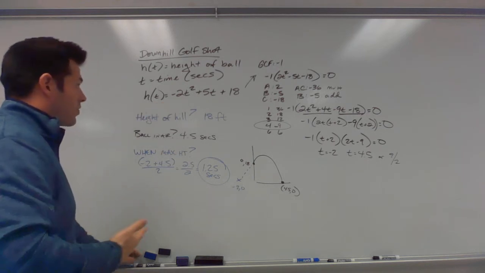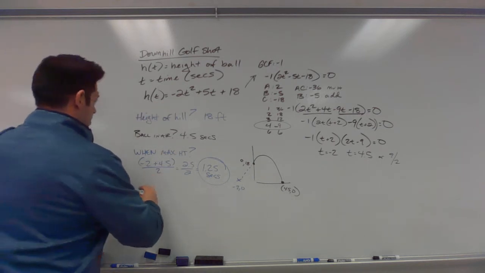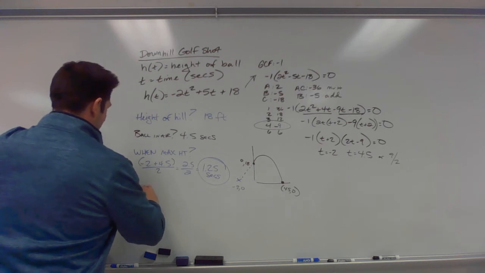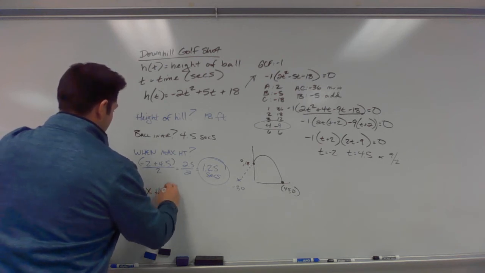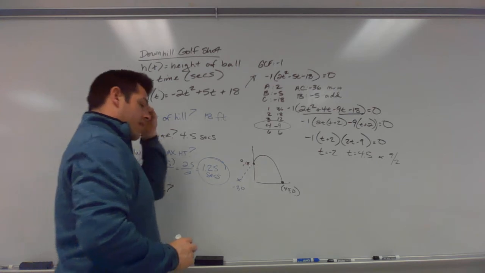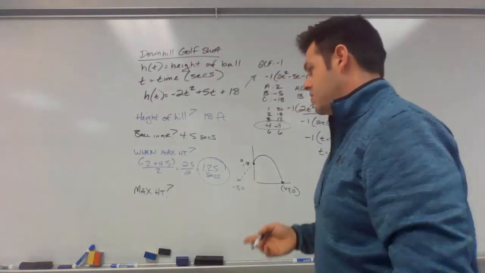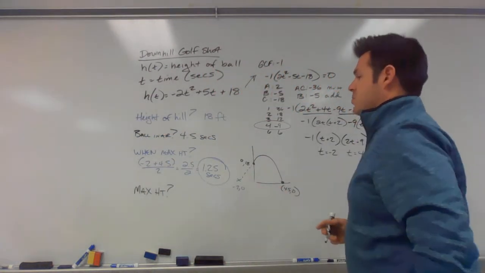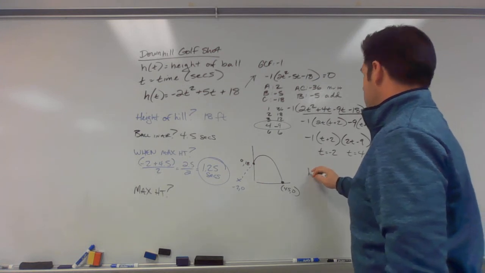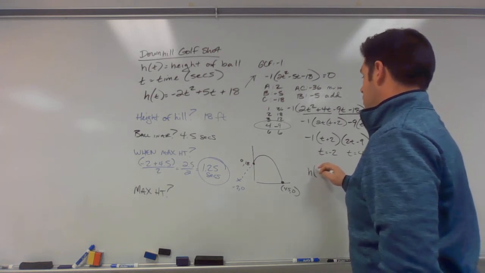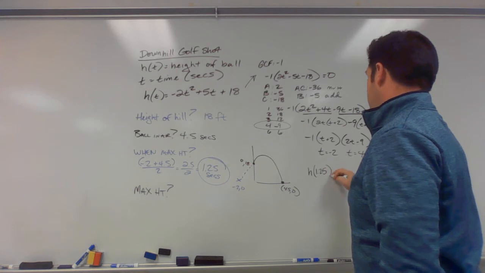Again, I could do that everywhere, but the actual max height, not the time frame for it, is what we're trying to figure out. Again, I'm going to use the original function and plug in my axis of symmetry, 1.25.